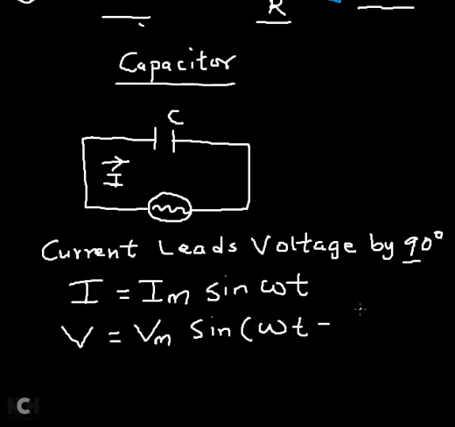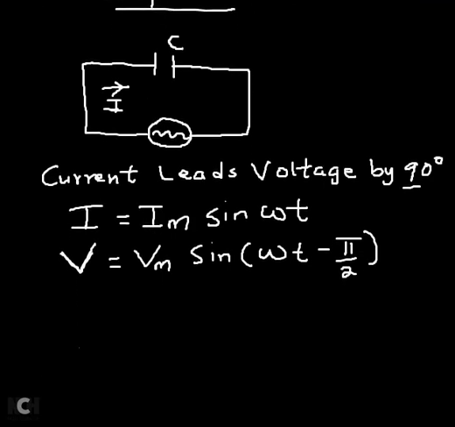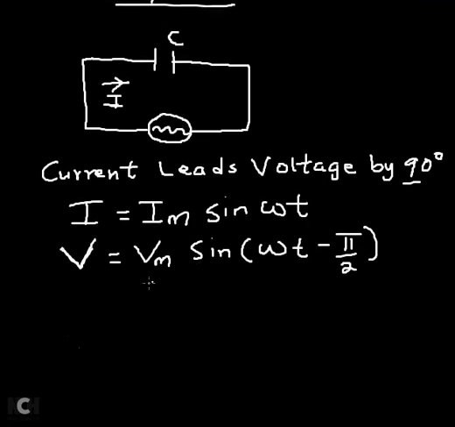I have to convert that 90 degrees to radians, which is pi over 2. This shows that the voltage is behind the current by 90 degrees, as long as the component in the circuit is a capacitor. So please take note of that. There is going to be a lag of the voltage behind the current.